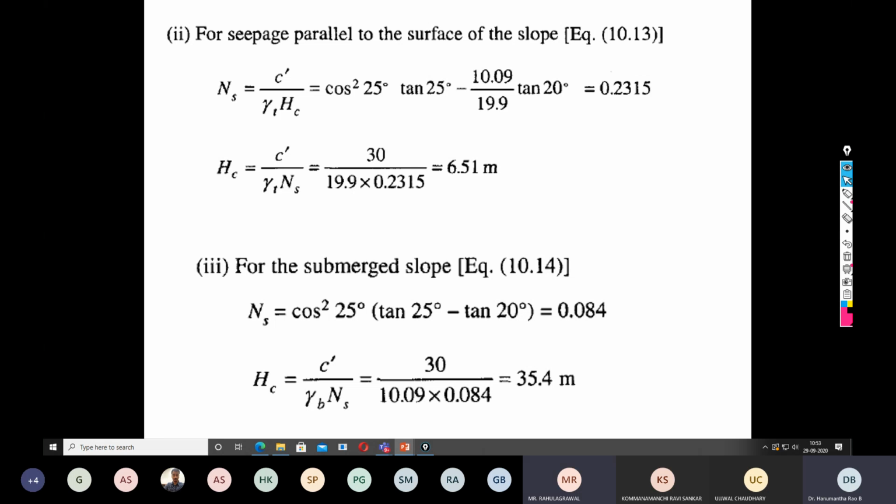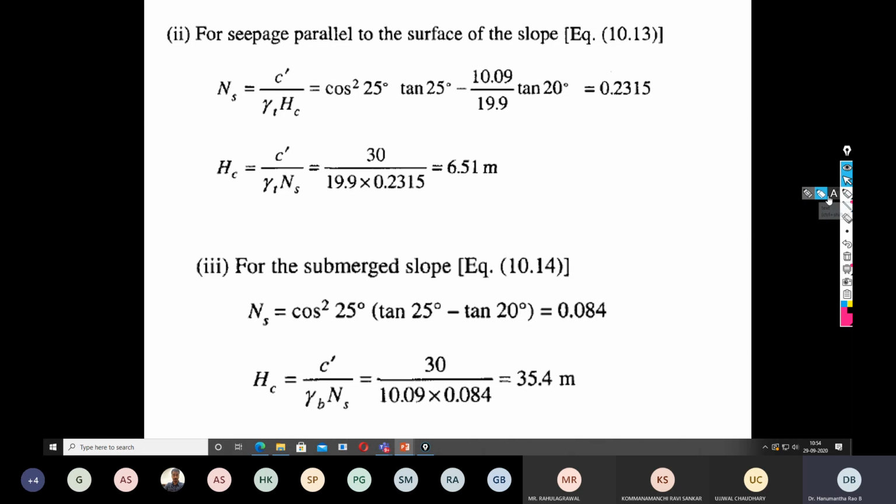So we can say that water acts as a surcharge to the soil. Yes, it is acting as surcharge, but in a positive way. It is giving some kind of stability.